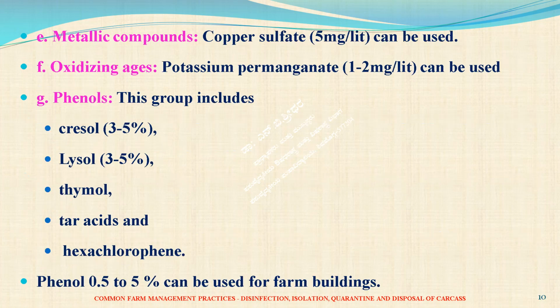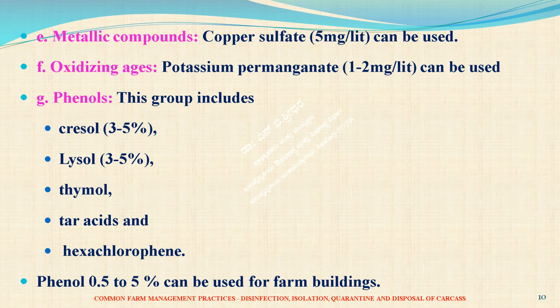Then metallic compounds like copper sulfate at 5 milligram per liter can also be used. Then some oxidizing agents like potassium permanganate, which is 1 to 2 milligram per liter, can also be used. Whereas the phenols include a variety of chemicals.